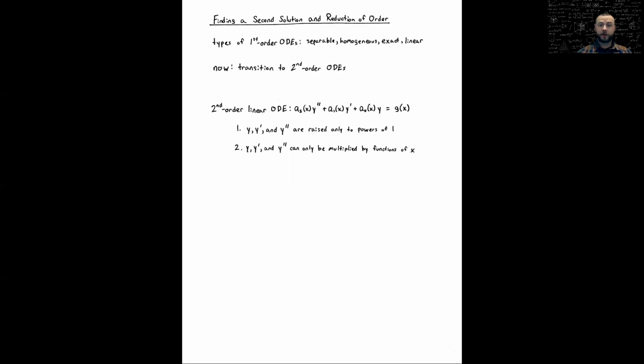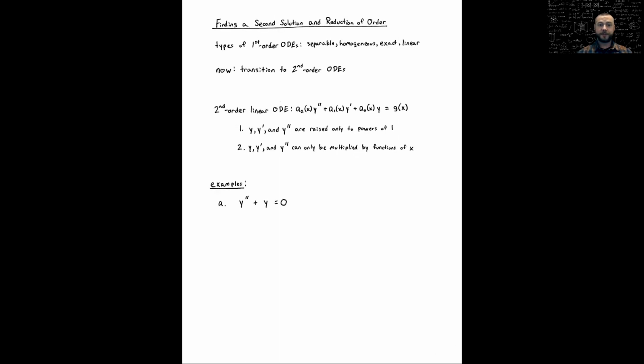Notice in that general form, a2 of x, a1 of x, and a sub 0 of x are all functions of x multiplying y and its derivatives. Now these are just some basic things you can notice for what makes a second-order ODE linear, but this still doesn't tell us the importance of linearity, which we'll be getting to very shortly in this lecture.